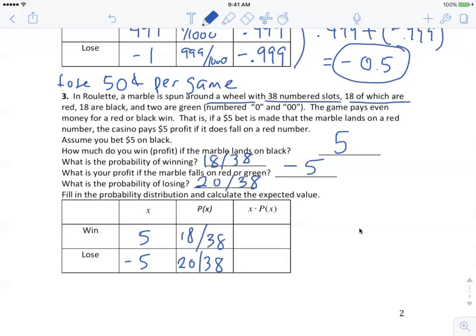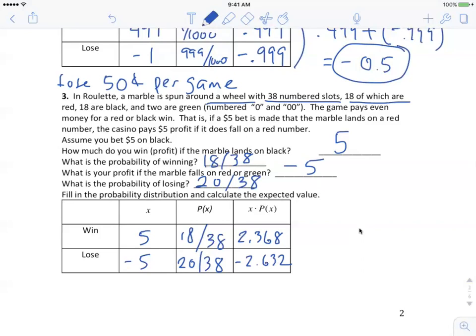Let's go with that. Bottom one, I'm doing 5 times 20 divided by 38. And that's 2.632, but it's negative. So negative 2.632. Okay, that's multiplying my x times my p of x.